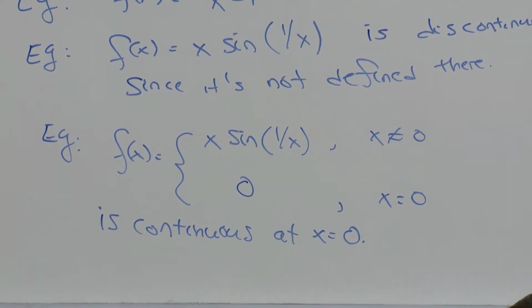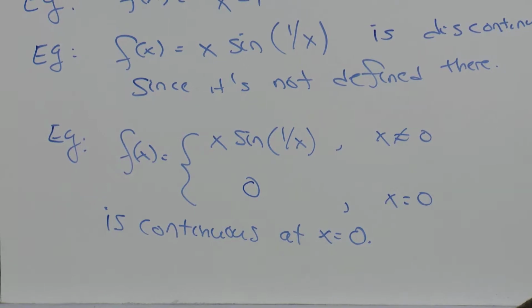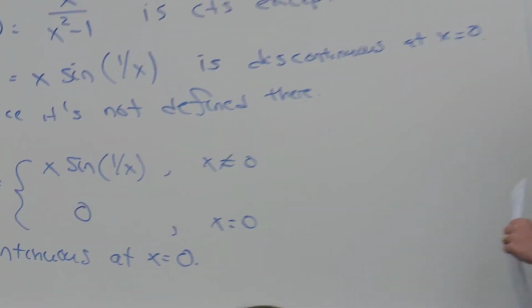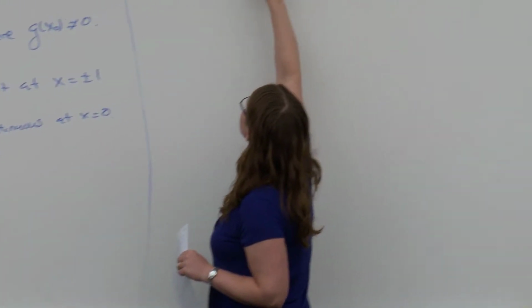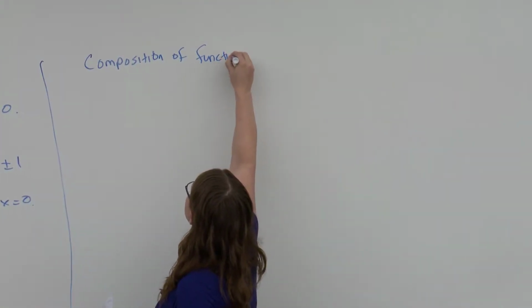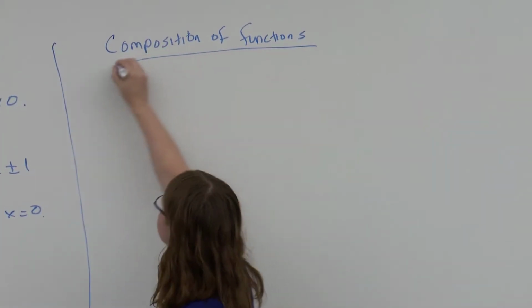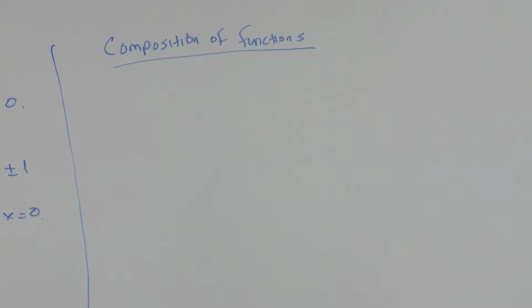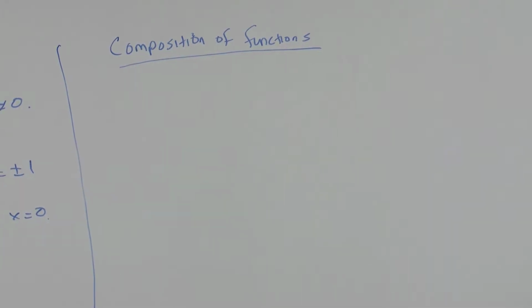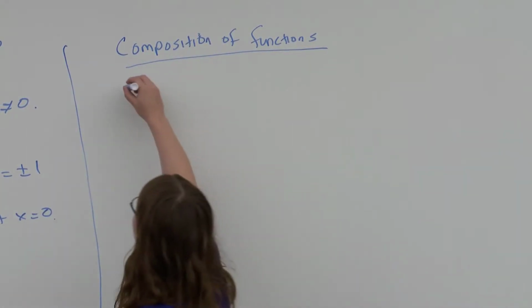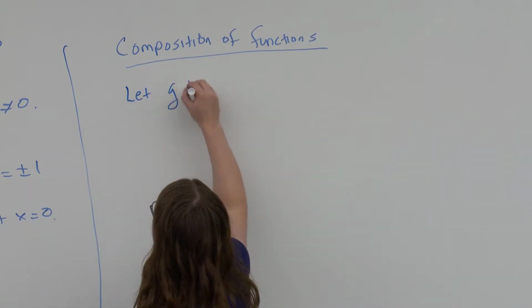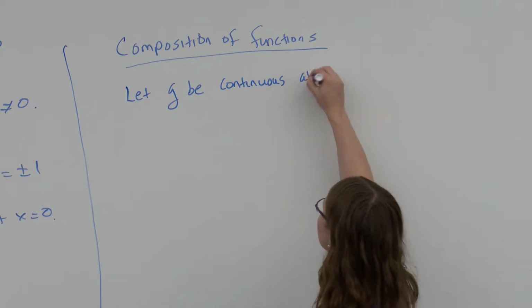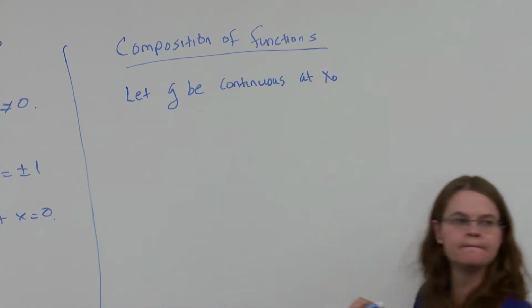And then we can do combinations of functions in more complicated ways. This one I am going to prove. So, composition of functions. Let's say that g is continuous at some point x naught.